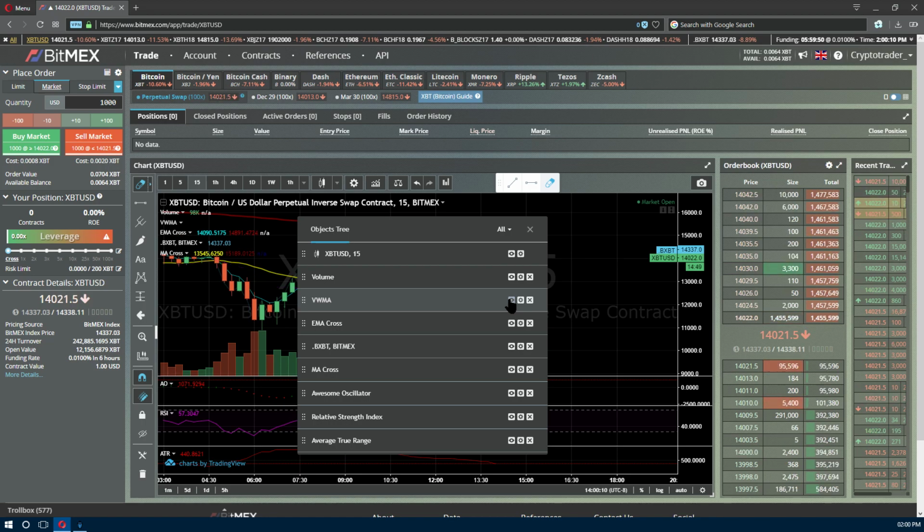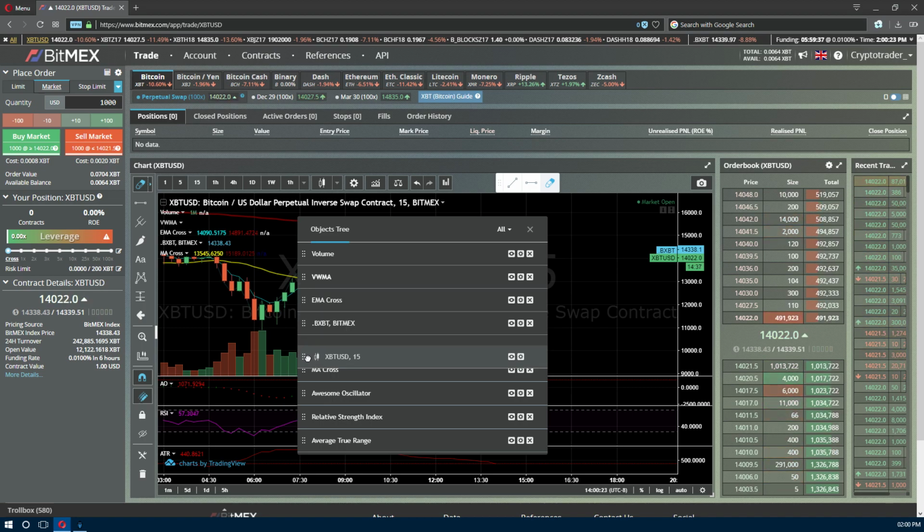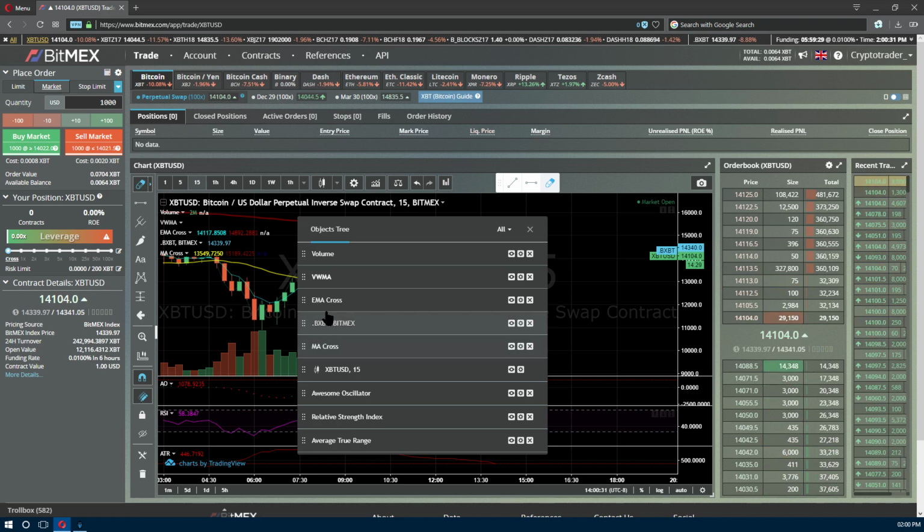I'm going to get rid of the VWAP. Put this below everything. Below the V. Right there, boom. All right, there we go. So things were on top of the EMA cross. VWAP, volume. Volume goes below here.